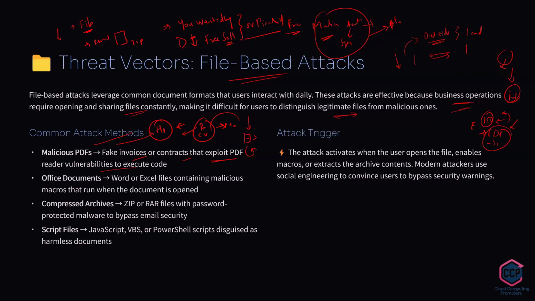And similarly, office documents and compressed files, as we said, some will be with password, some without password, and some you could have manually downloaded, or someone could have sent you script files also.